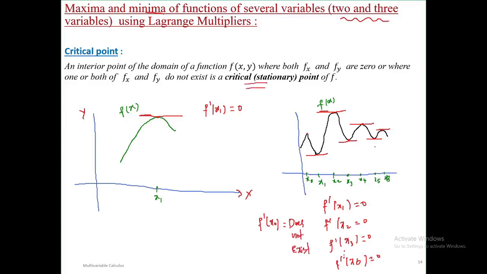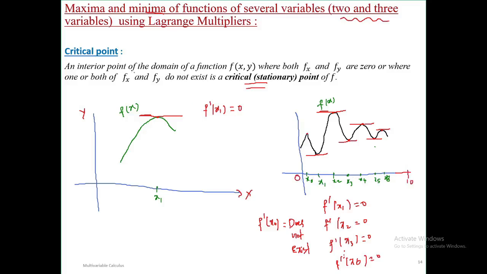This is the geometrical view of a function of a single variable. The same ideology applies for functions of two variables. Now look again at an interior point of the domain. These, x0 to all of these, are interior points. Let's take the interval 0 to 10, for example. In this interval, x0, x1, x2, and so on, are all interior points, right?